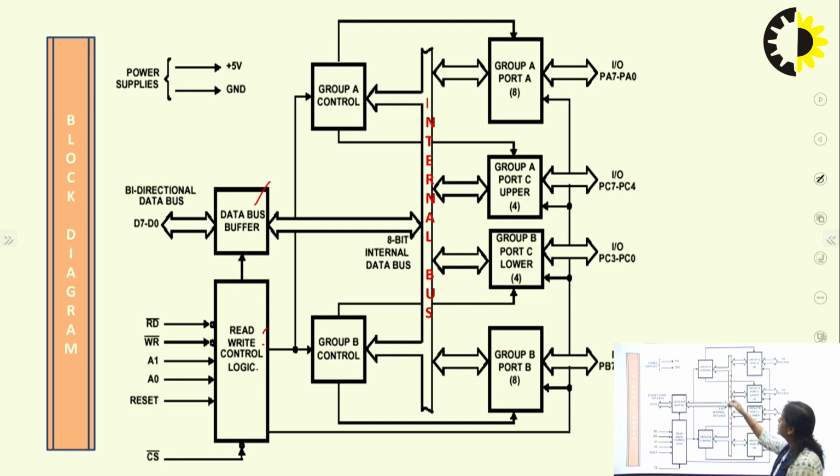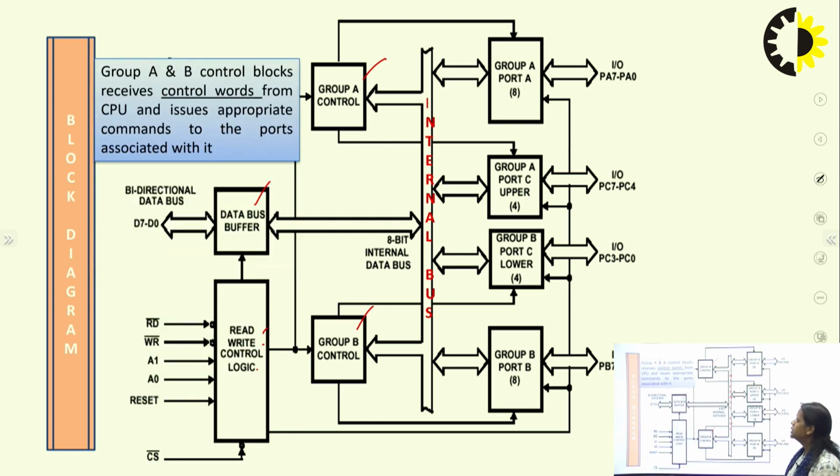Then we have group A control and group B control. These blocks receive the control word from the CPU, and according to that they issue appropriate commands to the ports which are associated with them, right?